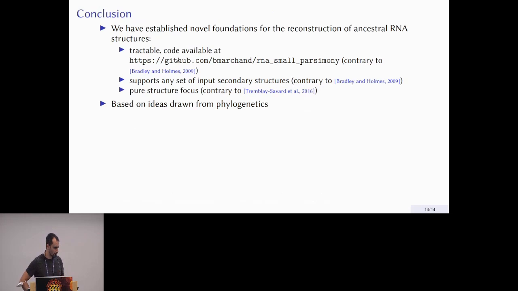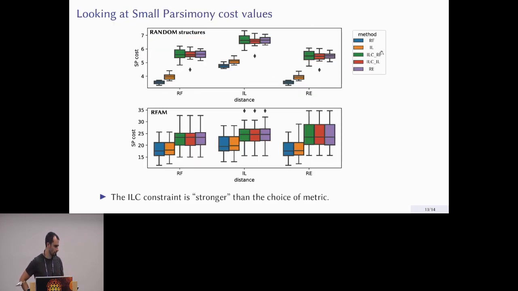And what this graph mainly tells you is that the major driving force behind the differences of value you see is whether you put the constraint or not. So this input loop constraint we have introduced is a strong constraint in the sense of this graph. So yeah, more than the choice of metric, it's whether you put on the constraint or not that you get more resolution in the ancestors or not.